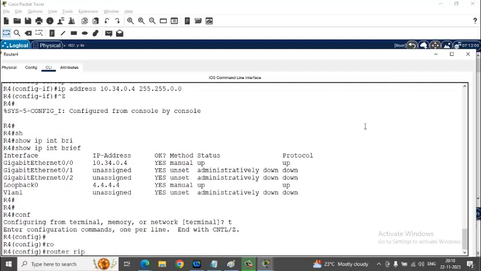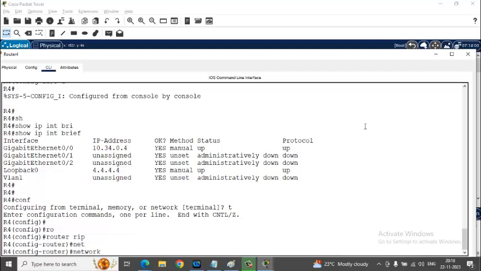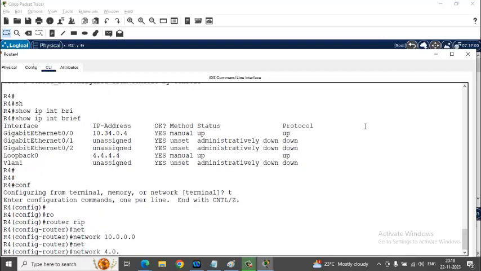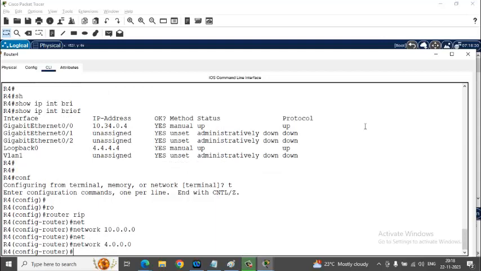See, in RIP, do you see 10.24, sorry, 10.34 anywhere? No. Why? Because it is a classful protocol. So when I type show IP route RIP, there is no 10.34.